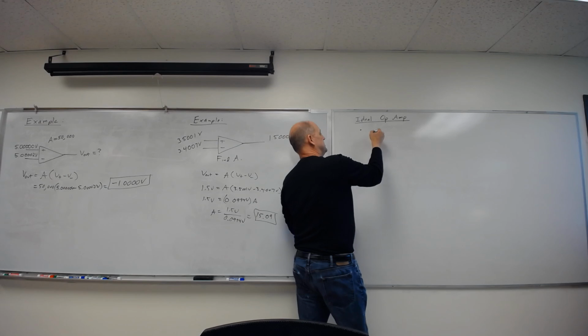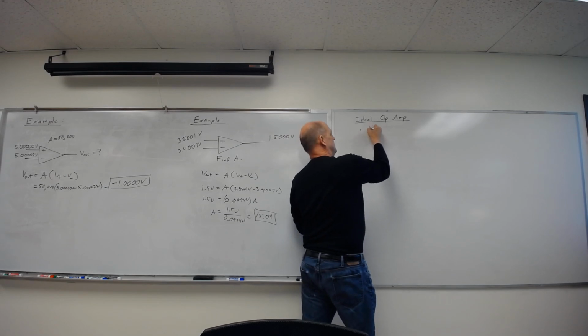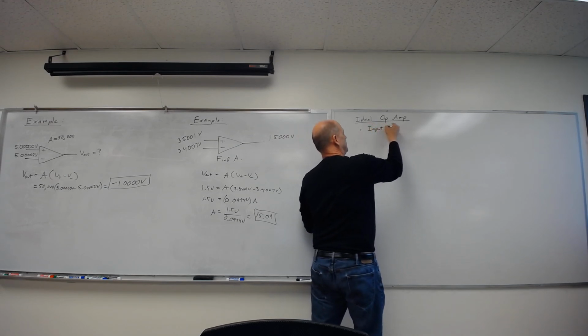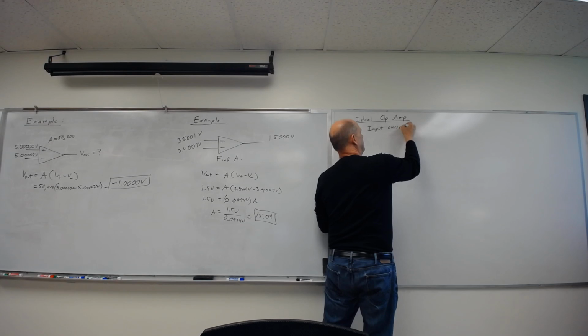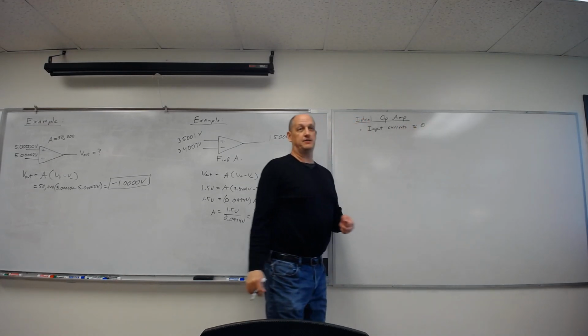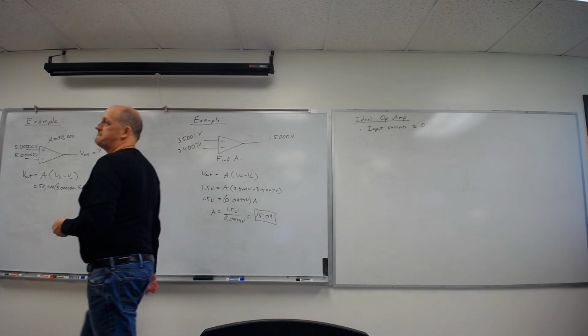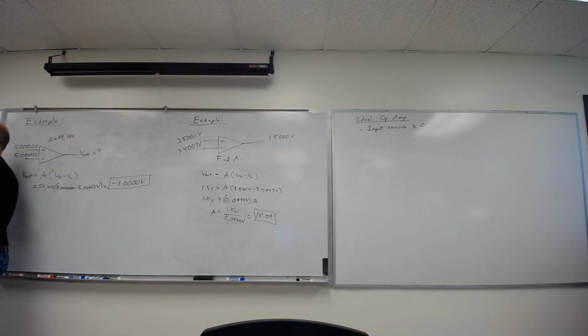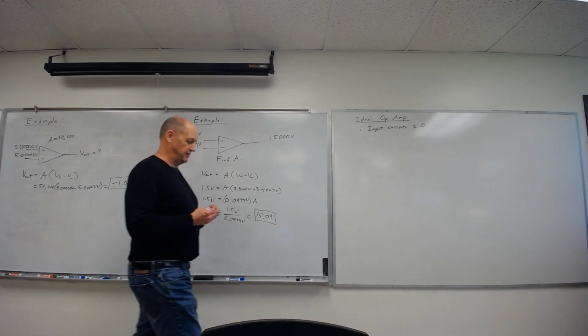So that means input currents are approximately 0. If my input impedance is like 1 mega ohm, and my input voltages realistically are probably going to be down in millivolts or volts, then I'm essentially going to have 0 current in compared to everything else.